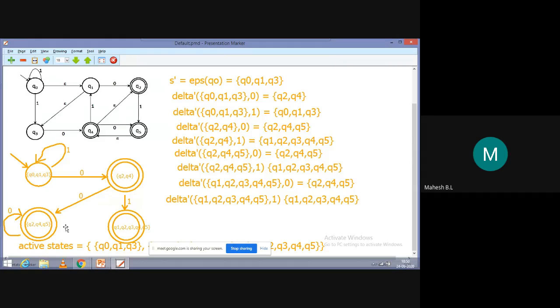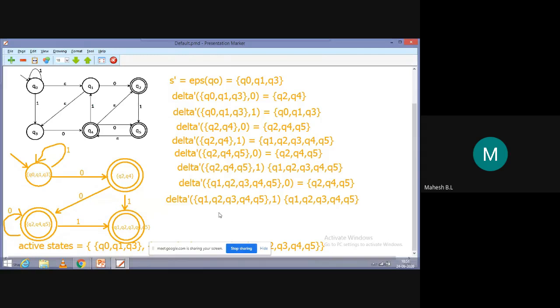So this is the transition on Q2 Q4 Q5 on 1. Okay, on 1 we have this transition.